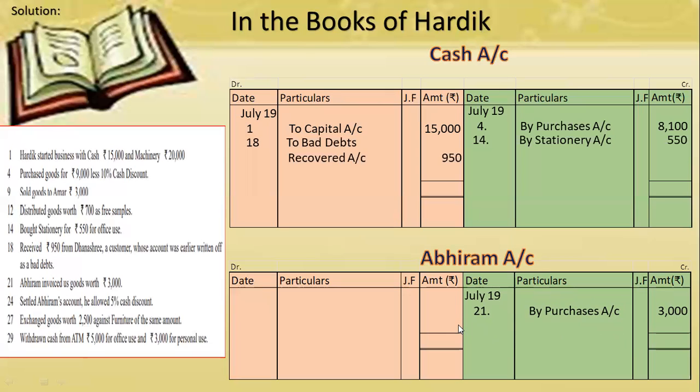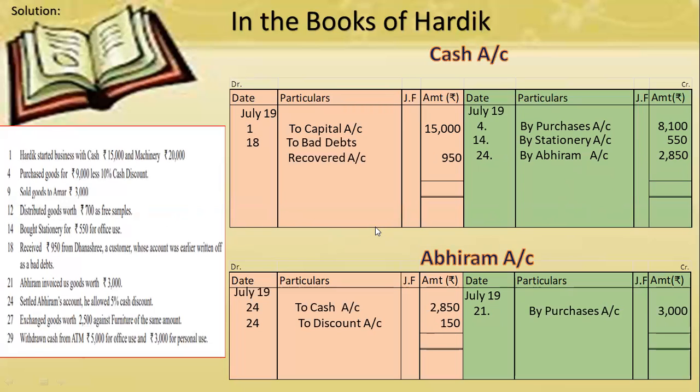So the journal entry is taken as Abhiram account debit 3,000 to cash account 2,850 to discount account rupees 150. See in cash account credit side, Abhiram account 2,850. The transaction then is posted to Abhiram's account. The cash to be paid to Abhiram is posted in cash account credit side, that is rupees 2,850.